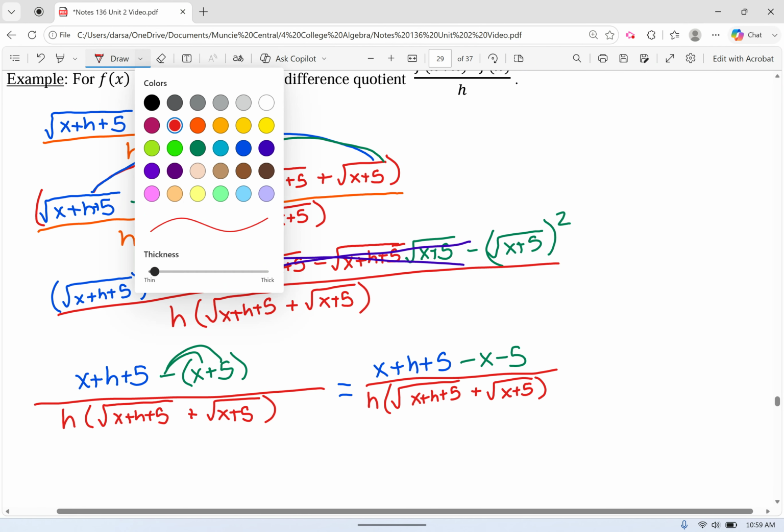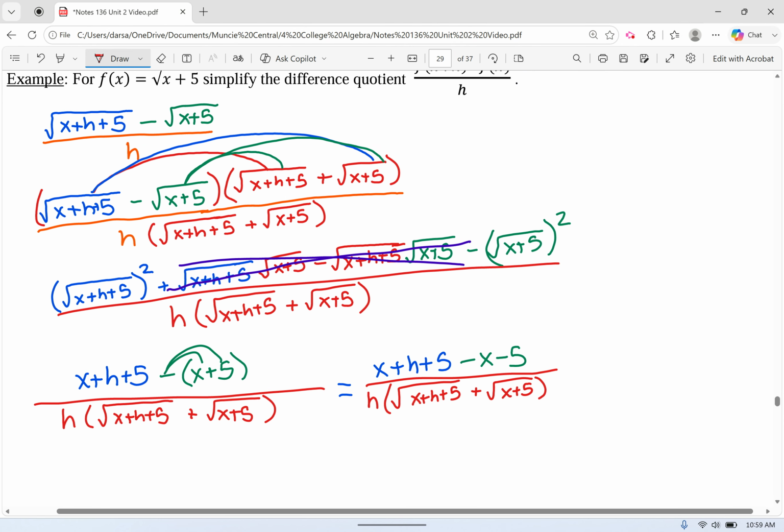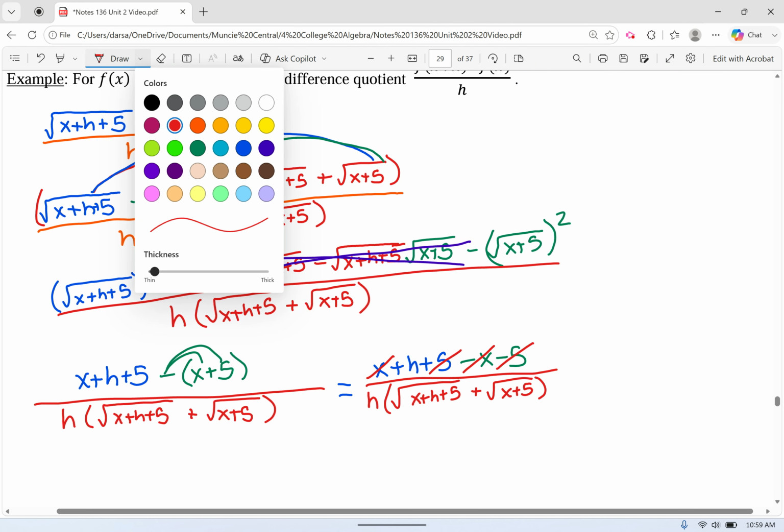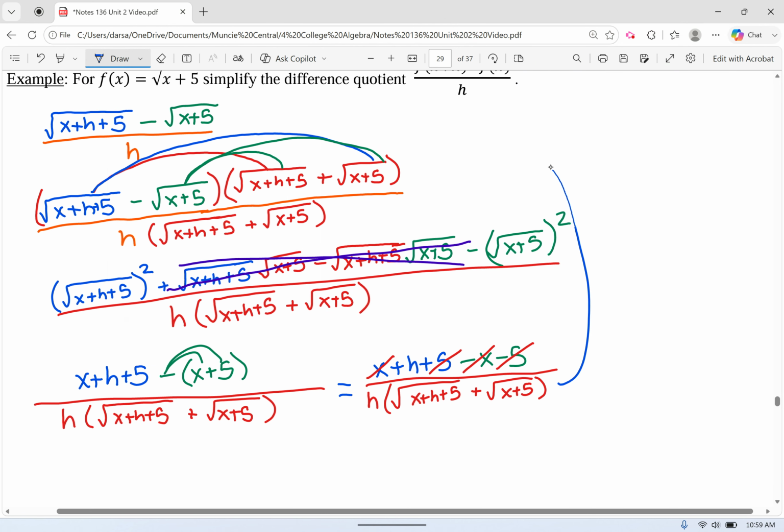And again, if it doesn't have an h, it should have an opposite to cancel. So x minus x, 5 minus 5. The only thing I've got left in this numerator is an h. This is a messy problem. So we have h over h and ugly square roots.